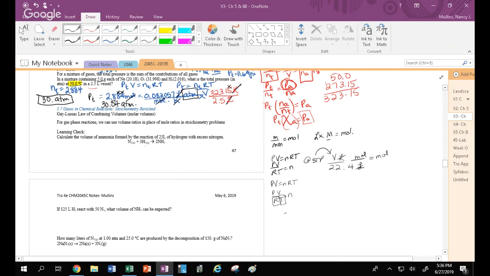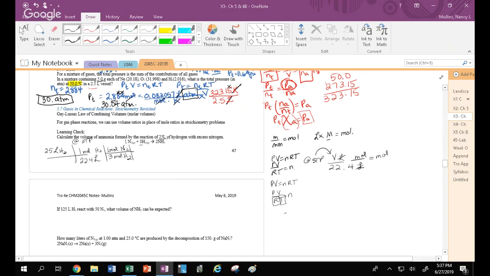Let me show you why. I have 25 liters of hydrogen. Let's say for a second that we're at STP. I know that at STP, 22.4 liters would give me 1 mole of that substance. And I know, according to my stoichiometry, that for every 3 moles of hydrogen, there was 1 mole of nitrogen.